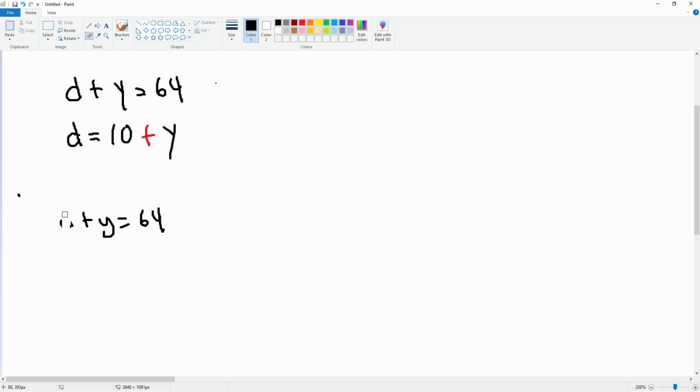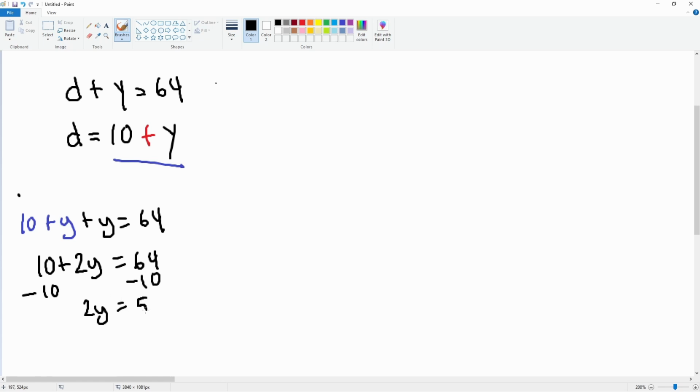I erase the letter D, but notice the letter D here is 10 plus Y, so 10 plus Y. Y plus Y is 2Y, bring down the 10, bring down the equal sign, equals 64. Minus 10 to both sides, you get 2Y is equal to 54, divided by 2, you get Y is equal to 54 divided by 2, that gets you 27.